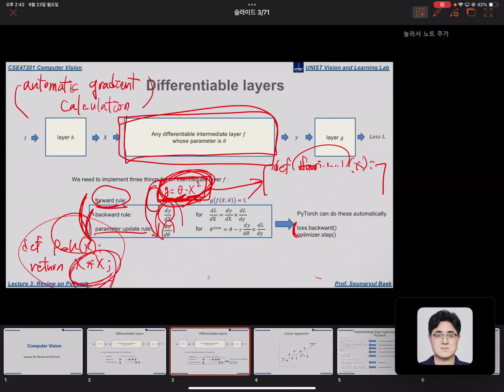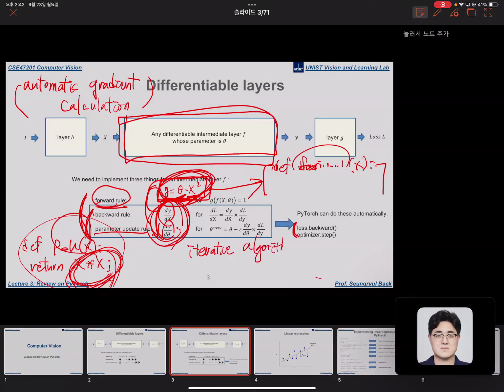Rather than calculating this gradient manually and implementing that in your method by yourself, there is another way to calculate this kind of gradient, using some iterative algorithms.